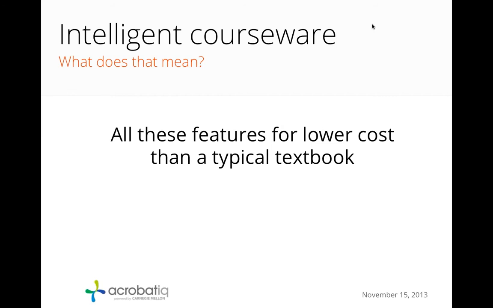We're not talking about right and wrong answers, we're talking about actual measured learning. And there are myriad other tools and features that you can't get from a traditional textbook. You can only find them in an online digital environment.